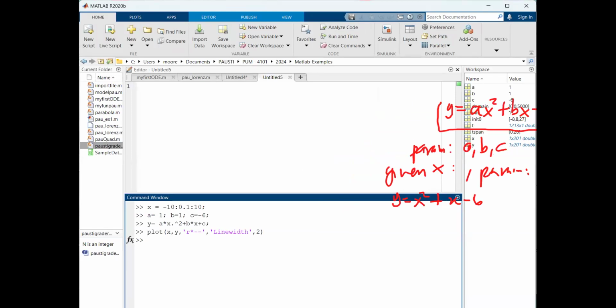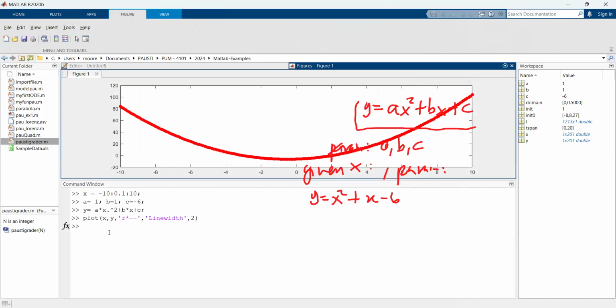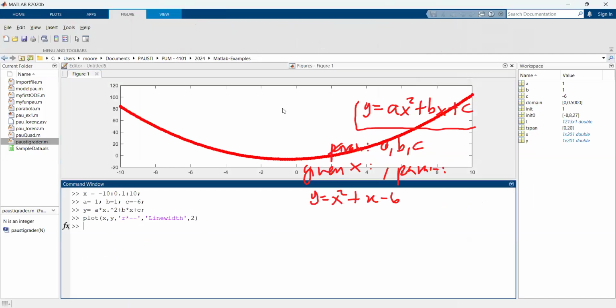So let me go back quickly and then show you what this plot function is. Let me clear off everything from my screen. Okay, good.